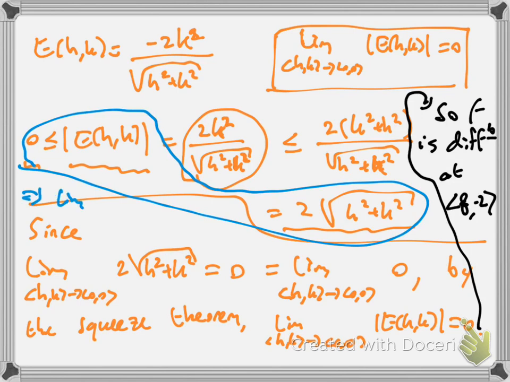Therefore, the limit of 0 is less or equal than the limit of e(h,k) is less or equal than the limit of 2 times the square root of h squared plus k squared. Okay, but this is wrong. So you cannot conclude from a string of inequalities that the same inequality holds for the limits. This is not true, and I will illustrate this in the next slide.